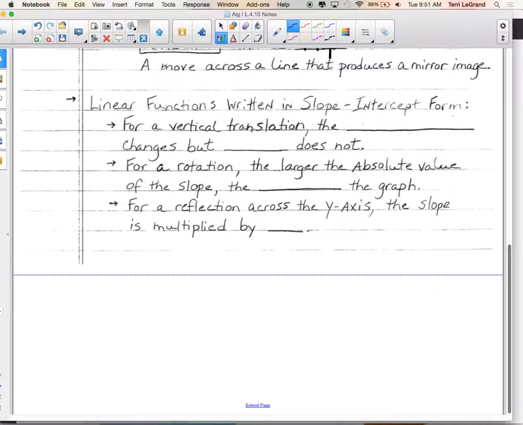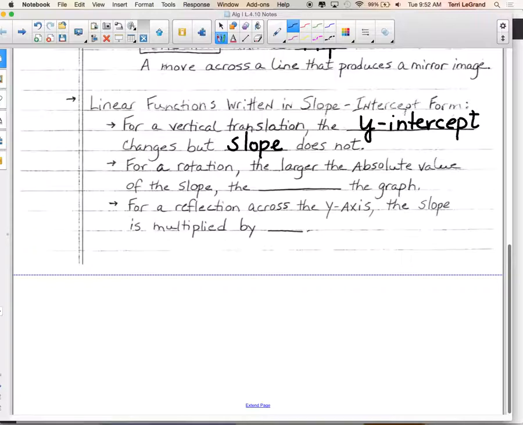So, if we slide the line up or down, the y-intercept would change. What does not change? The slope. So, if we have an equation, and then a new equation, and the only thing that changed was the y-intercept, we'd be able to say there was a transformation of a vertical translation. And we'll just say translations today, okay?